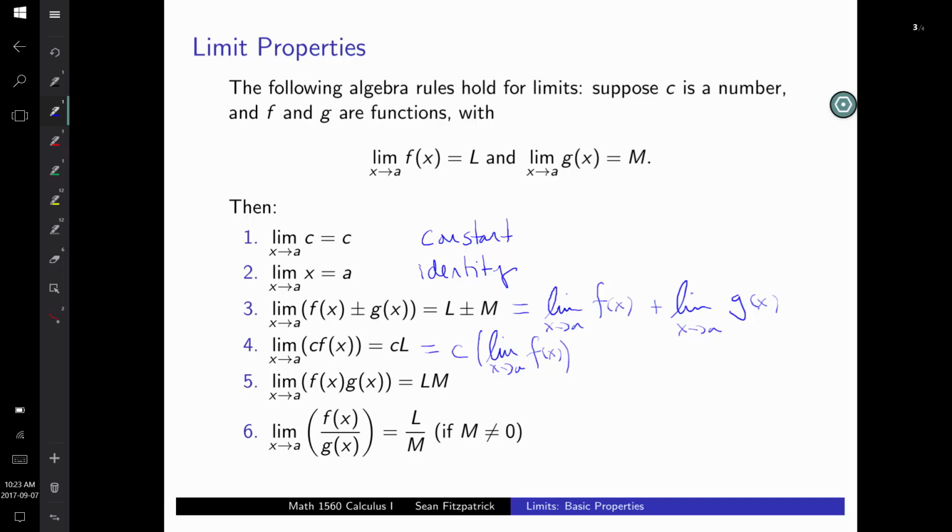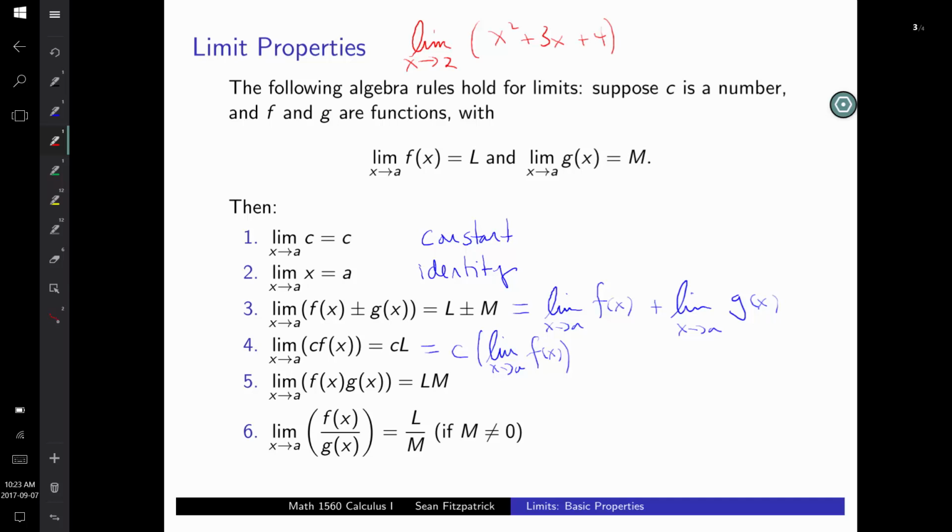So for example, if I wanted to calculate the limit for any polynomial function, let's say I want to do the limit as x approaches 2 of something like x squared plus 3x plus 4. Well, I can use these rules repeatedly.